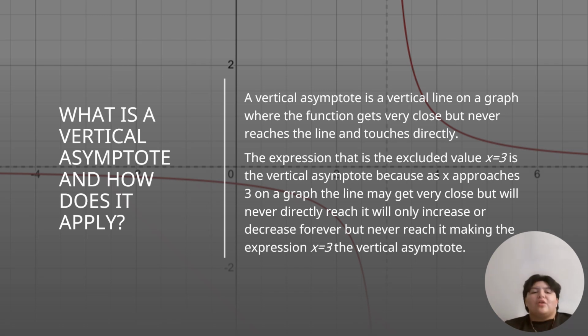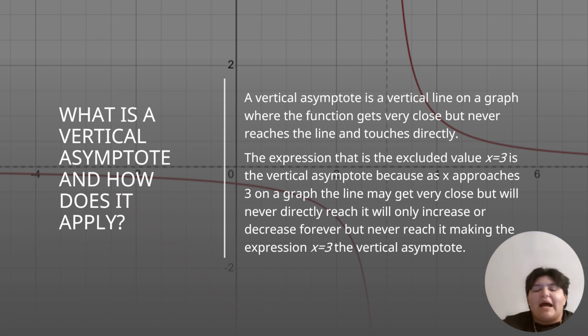So what is a vertical asymptote and how does it apply? A vertical asymptote is a line on a graph where the function gets very, very close. It's where x almost meets it, but it never reaches or touches the line directly. Here we can see that in this function, as x approaches 3, the denominator gets very, very close to 0, causing the value of the function to either grow extremely large in a positive direction or decrease in a very large negative direction.